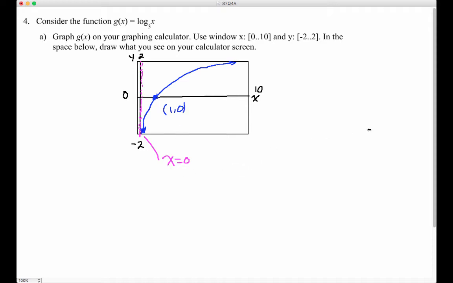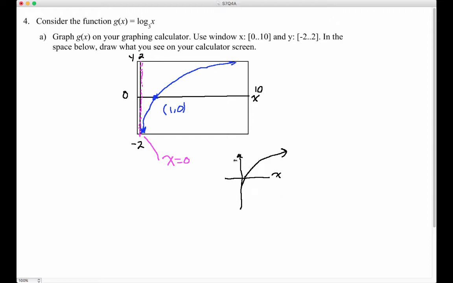Okay, a common mistake that is made, and part of why I'm spending a little extra time on this, is that you will see people draw graphs of logarithmic functions based upon what they see on their calculator, and they'll make them look something like that. They'll make them almost look like a square root graph. Or they'll make them look like they come down and start right here at the y-axis.